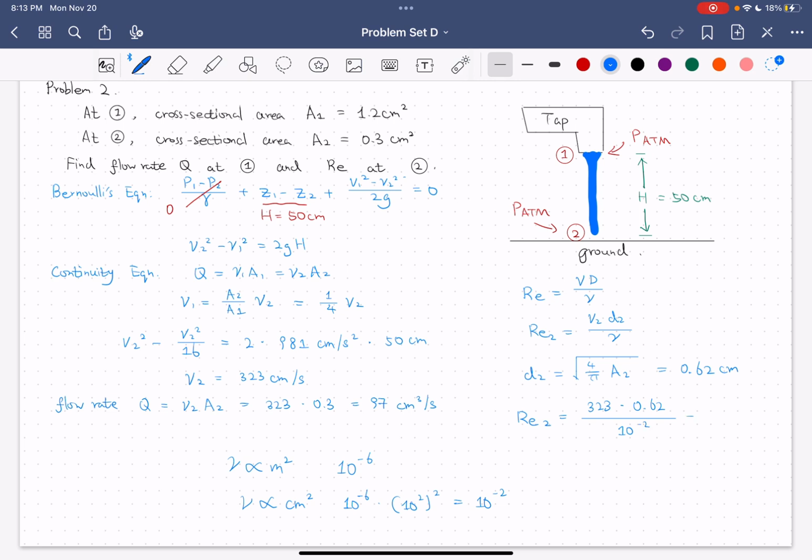So plug this in the calculator and we will have our Reynolds number as 2.0 times 10 to the 4th, and that will pretty much be turbulent, no debate.